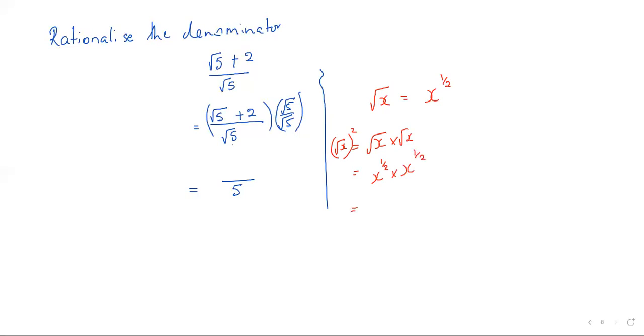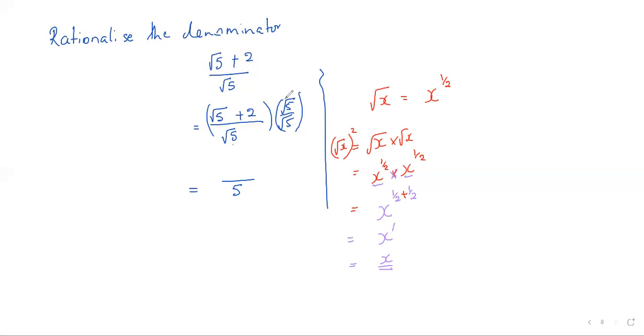We go to our basic rule of exponents. When we multiply powers that have the same base, we write only one base and we add the exponents. Half plus half will give you 1. So the root of x multiplied by the root of x is x. So the root of 5 multiplied by the root of 5 is 5.